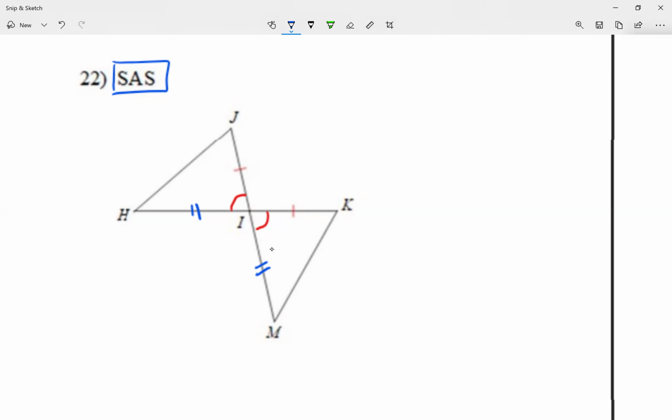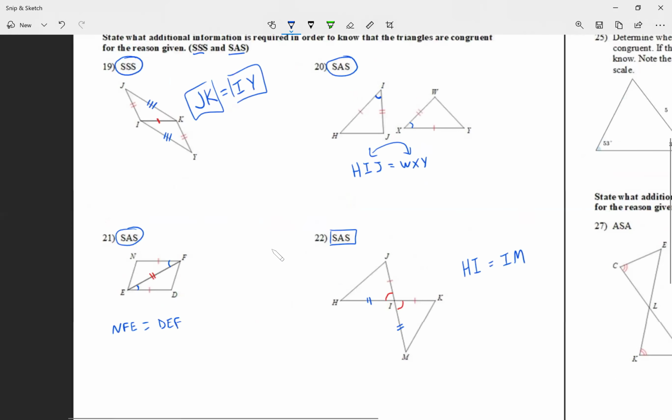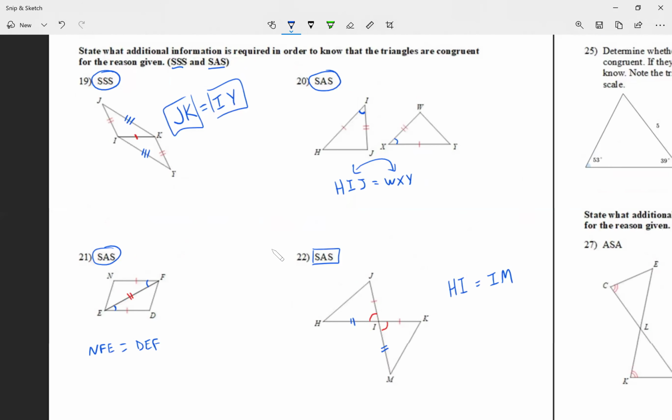Remember, for sides, you use two letters. Looking at the triangle on the left, or this one up here, the side that I'm missing is the side HI, which is equal to, on the other side, the side IM. Notice that's what I did on number 19 and 22.